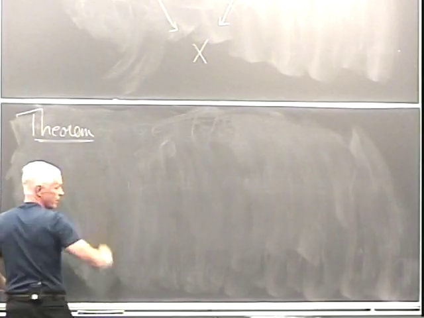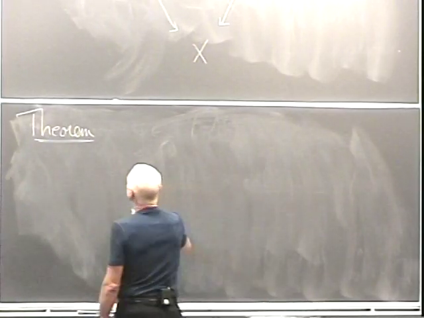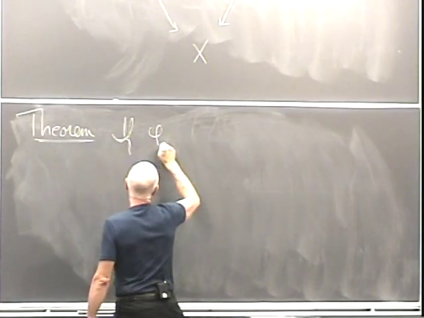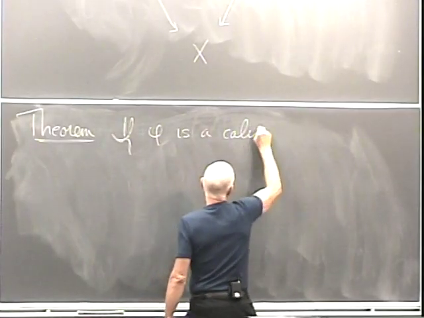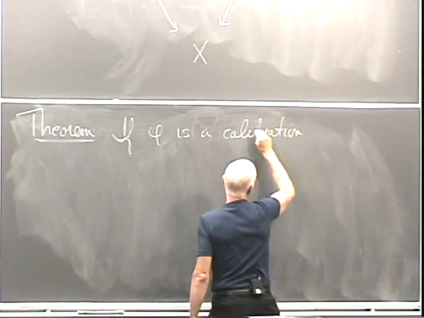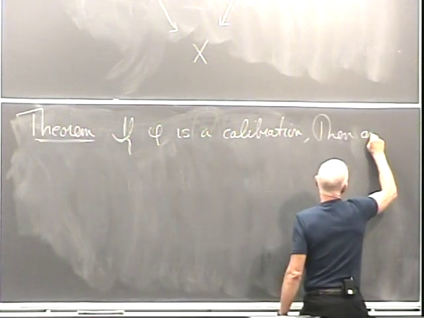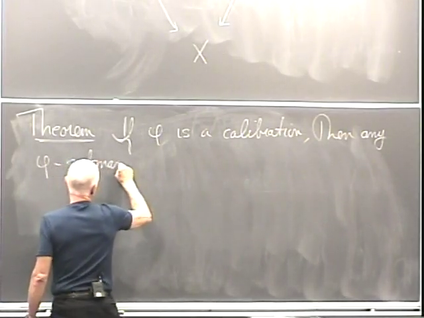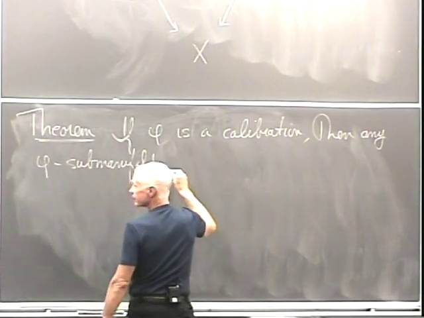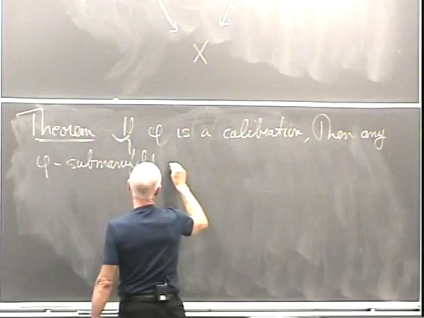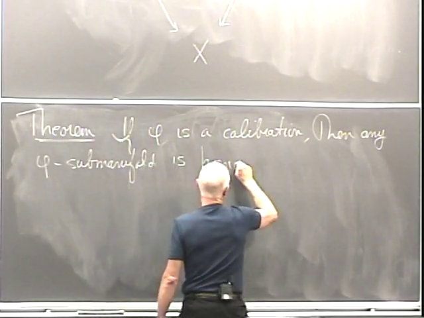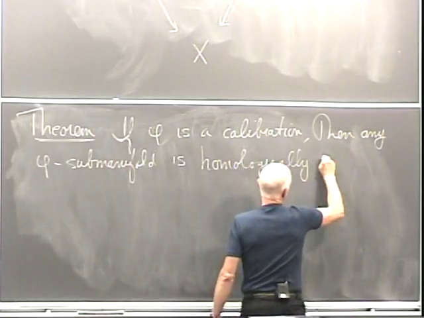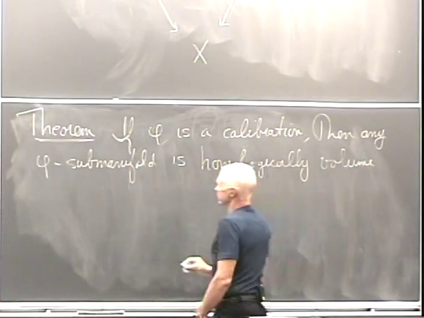And the theorem says that, well, the short form of it is that if phi is a calibration, then any phi submanifold, or phi manifold, I guess I call it, is homologically mass minimizing, homologically volume minimizing.